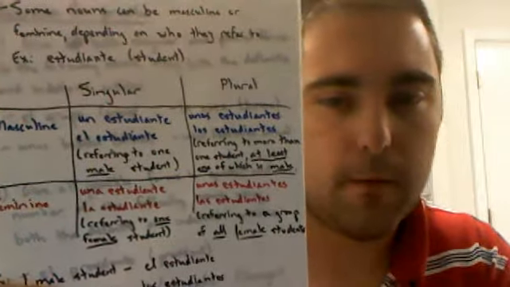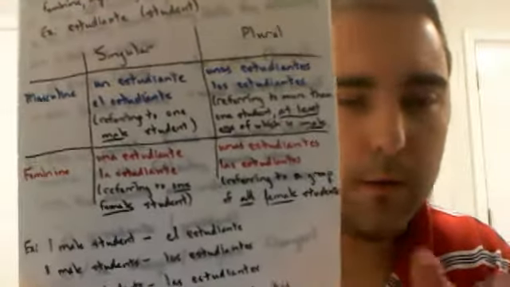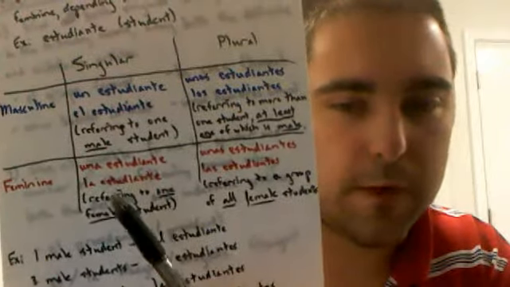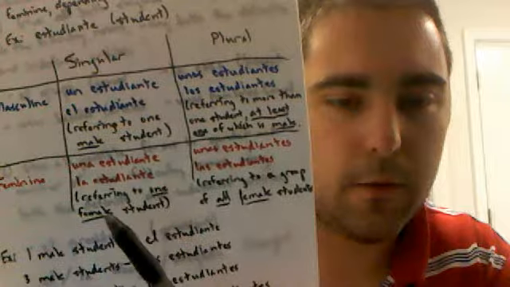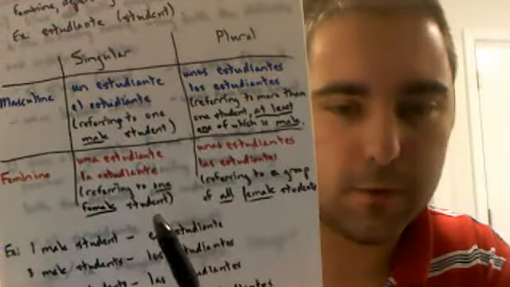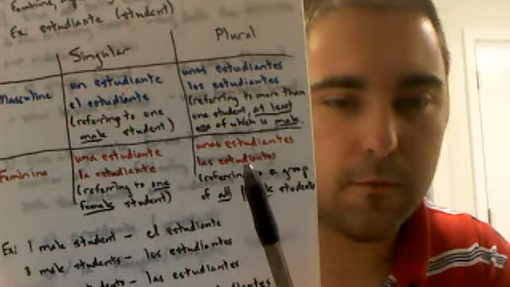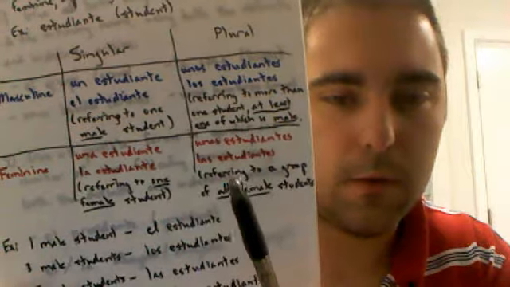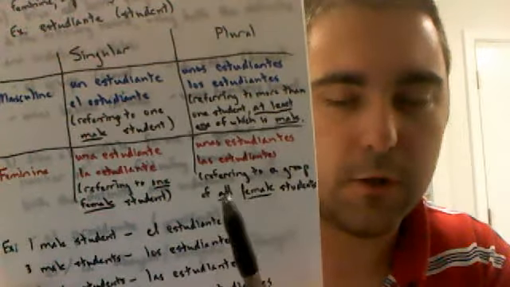So I'll explain that in just a minute. Feminine, you can have una estudiante or la estudiante, which refers to one female student. You can have unas estudiantes or las estudiantes, which refers to a group of all female students.